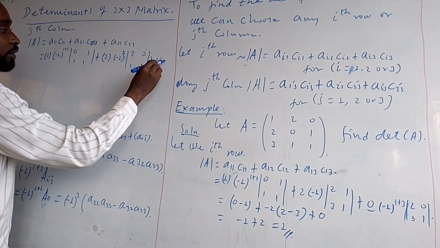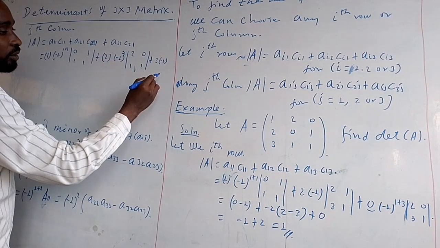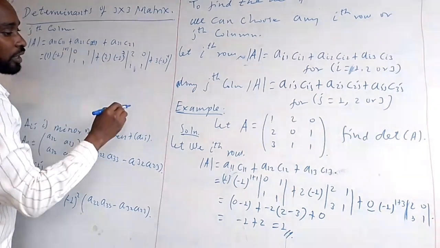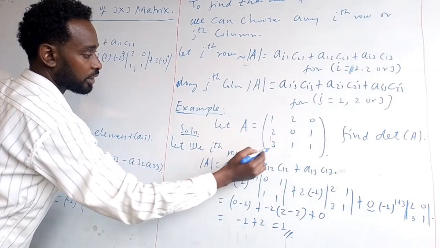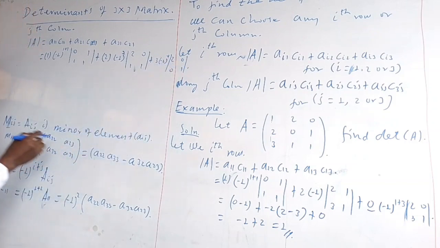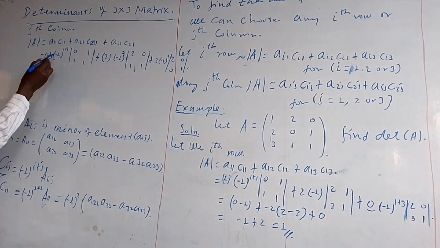Plus A31 is 3 into minus 1 raised to 3 plus 1, that is raised to 4, into deleting the third row and first column we have 2, 0 and 0, 1.